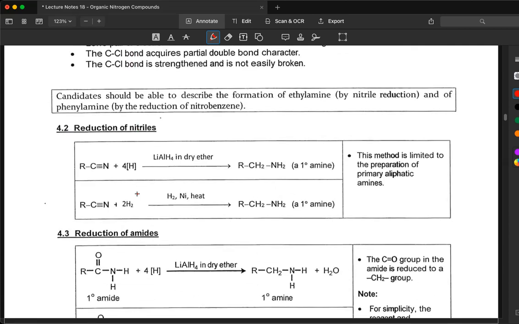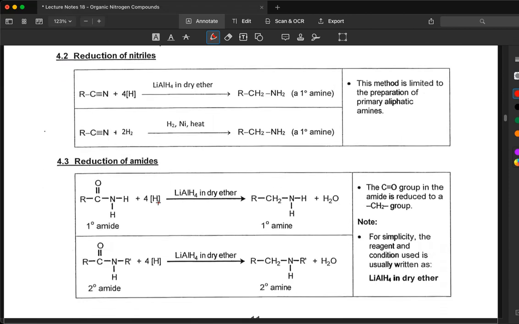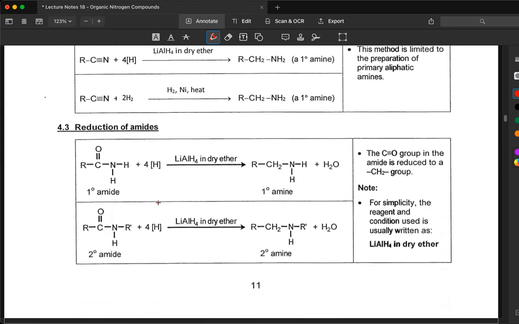Other ways of preparing amine include reduction of nitriles, RCN, using our favorite lithium aluminum hydride and dry ether, or just using hydrogen with nickel and heat. Okay, that will do as well. Or we can start from amide using the same reducing agent to form the amine.